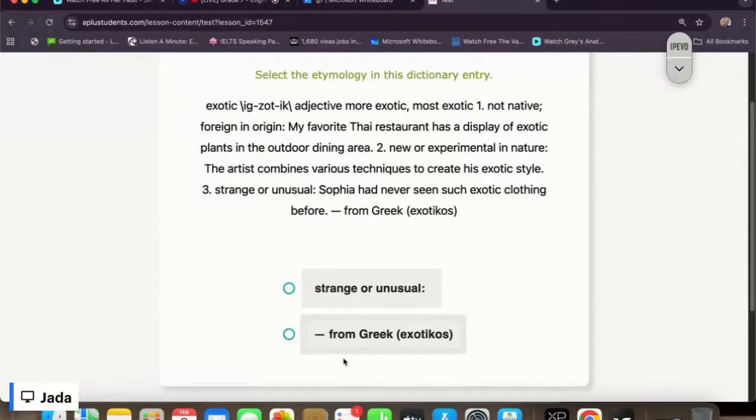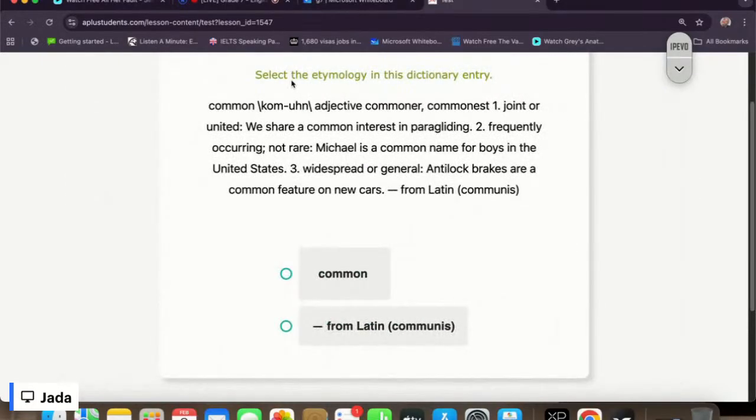So we have Greek. Also the etymology here, first to second.